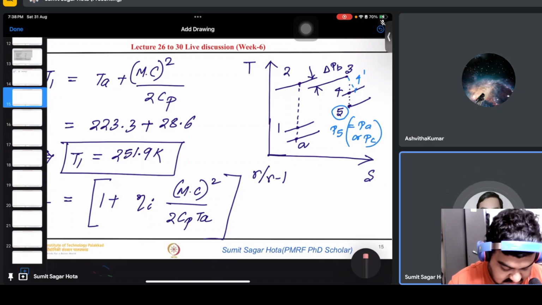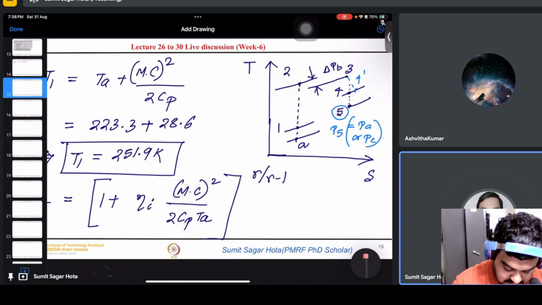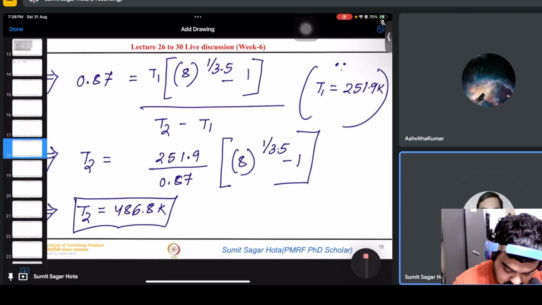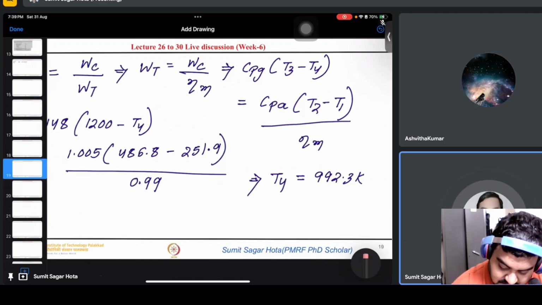Okay, so let's solve it. Where is it? So everything is all right. If you solve it, you will get this value. Okay, whatever.